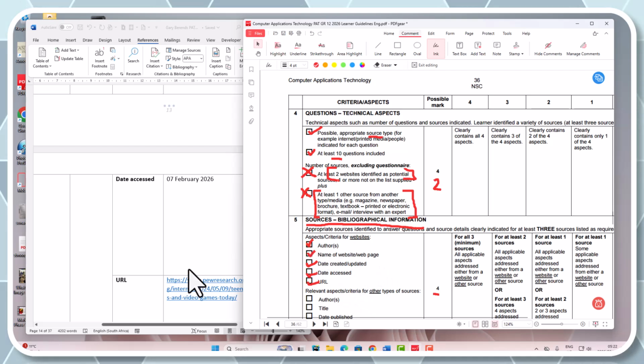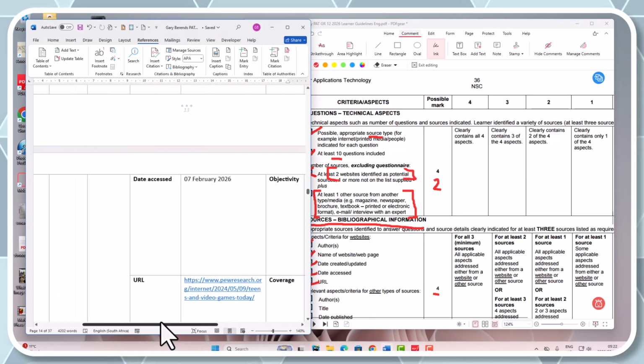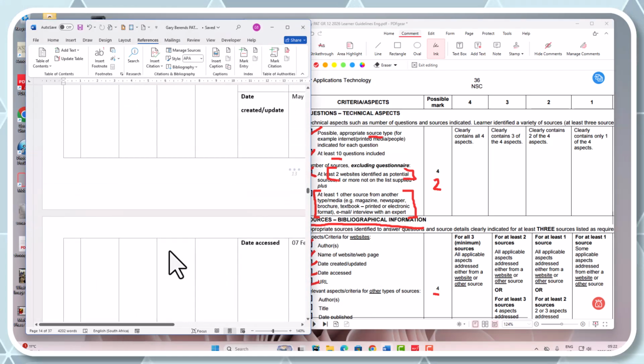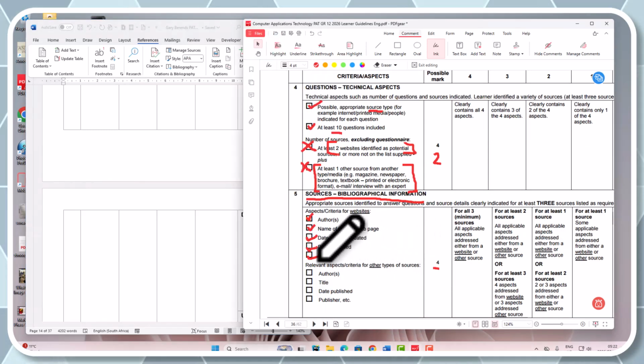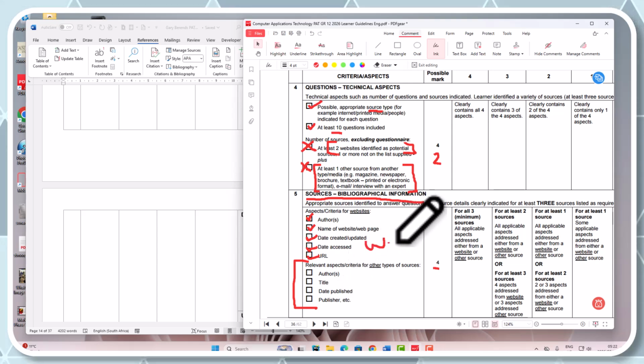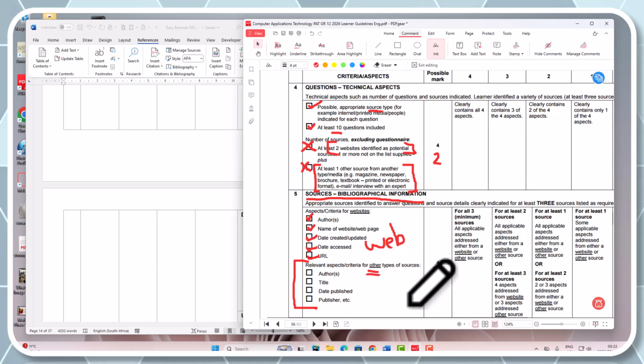Okay, have they got the author and the date and the title that's published and other sources? Right, that's important here. So remember here we only used one kind of source, which was web. There is no other source here.